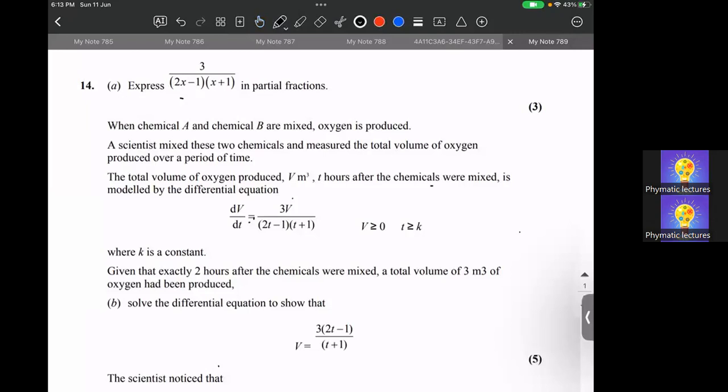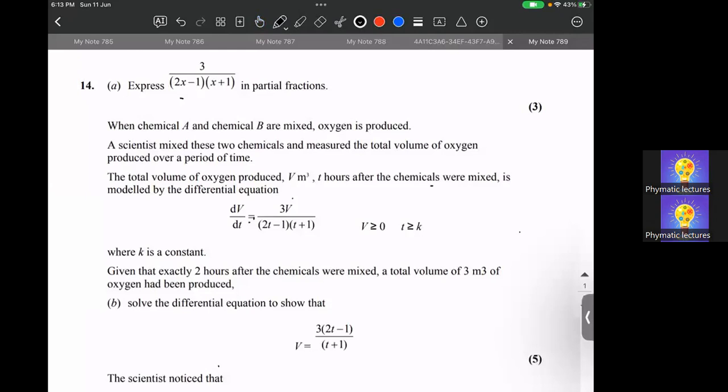Today, I'm discussing a question from the Edexcel GCSE UK syllabus, June 2022, question number 14. Here, there is a fraction given.